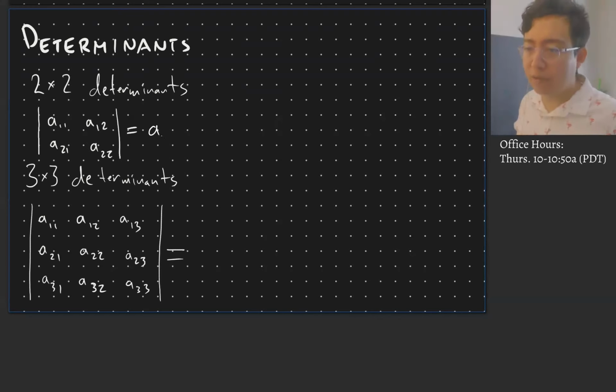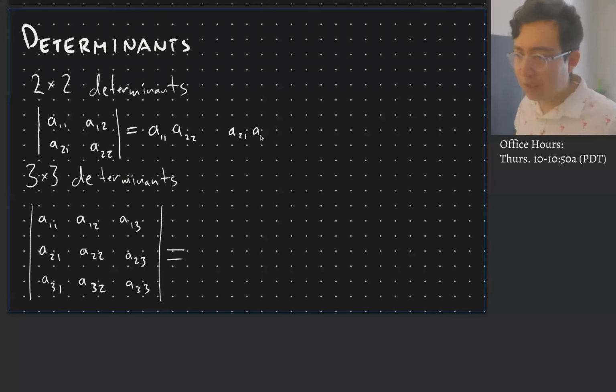So you're going to say A1,1 times A2,2. And then you're going to do the same thing on what we call the off diagonal, which is the other diagonal going from bottom left to top right, and you're going to multiply those: A2,1 times A1,2. And then you're going to throw a minus sign in between.